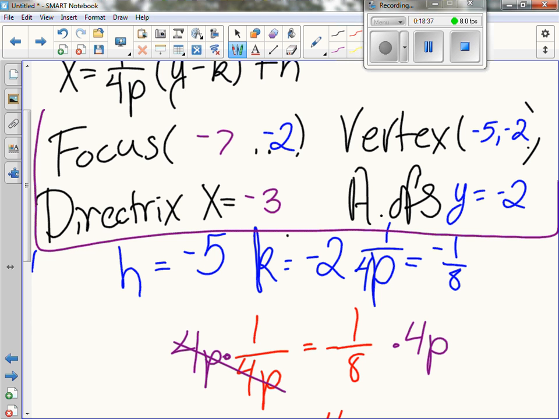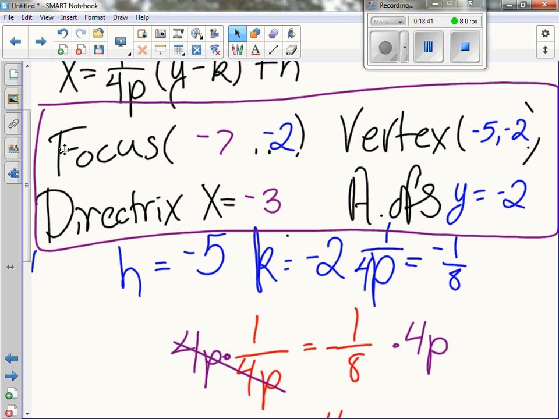But this is our answer. So once we find the value of p, we know the values of h, k, and p, we can plug them back in, and we are done. That's all we have to do for this here.